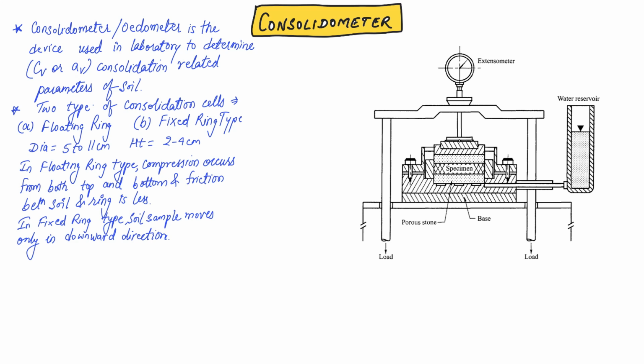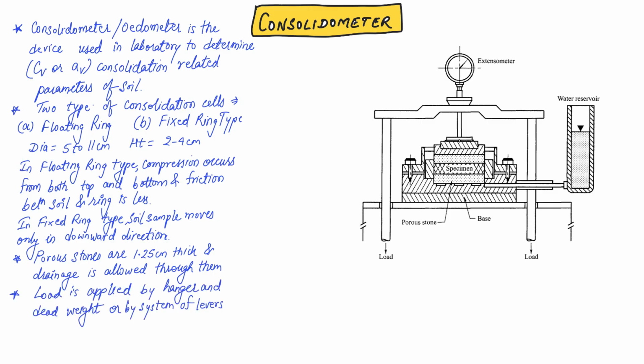Now, the soil sample is contained in the brass ring between two porous stones about 1.25 centimeter thick. By means of the porous stones, water has free access to and from both surfaces of the specimen. The compressive load is applied to the specimen through a piston here, and by means of a hanger or dead weights, or by a system of levers also.